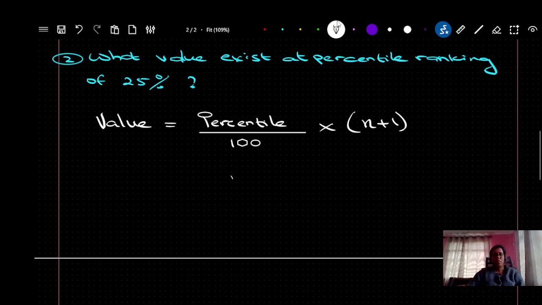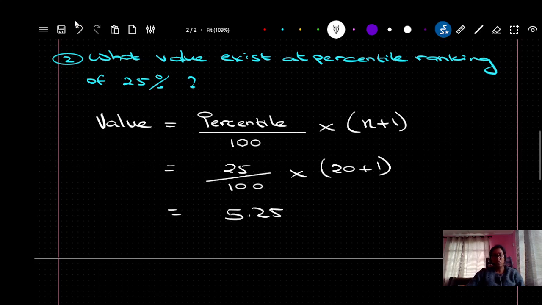So here we calculate 25% times 20 plus 1, which is 5.25.